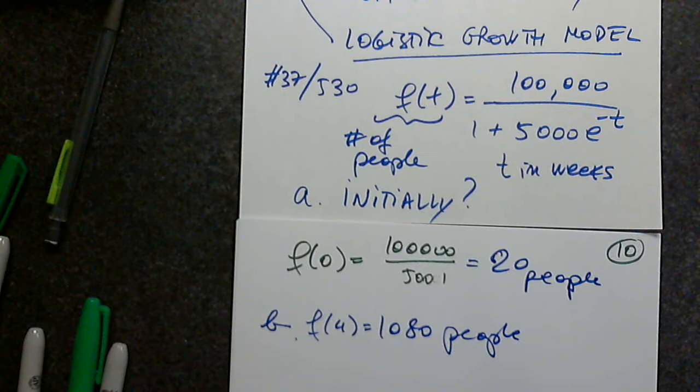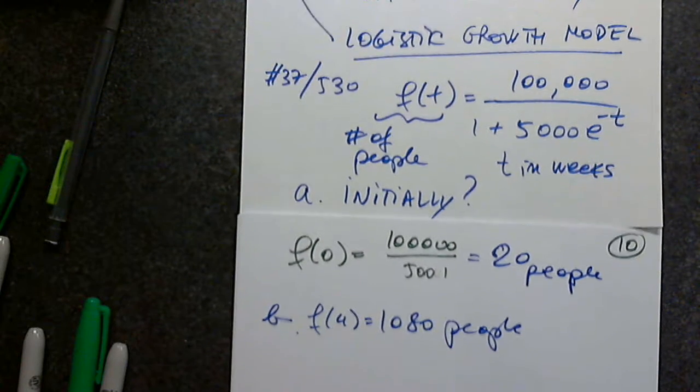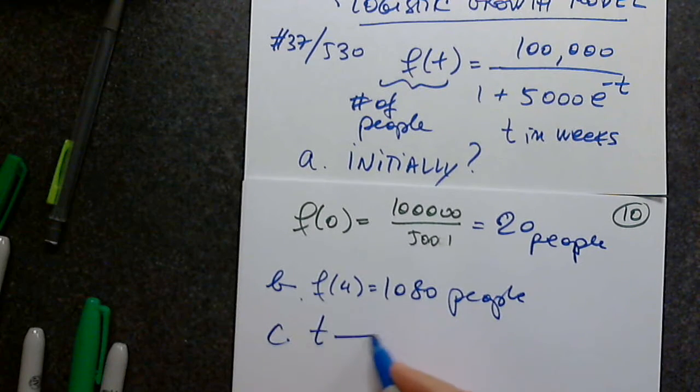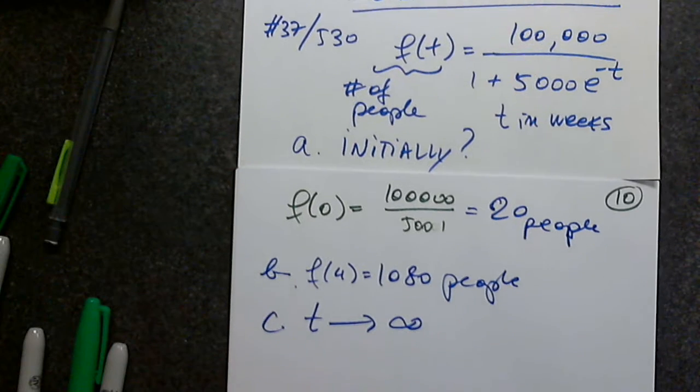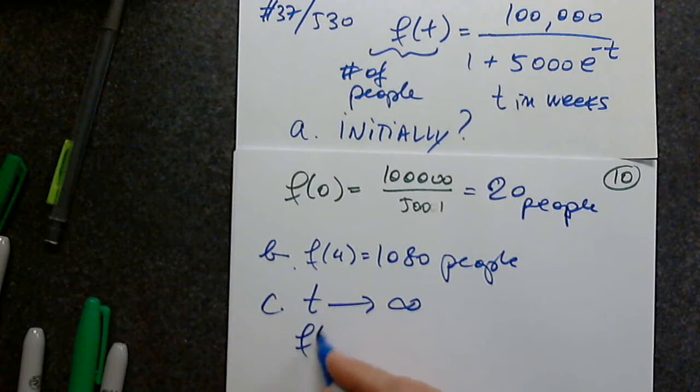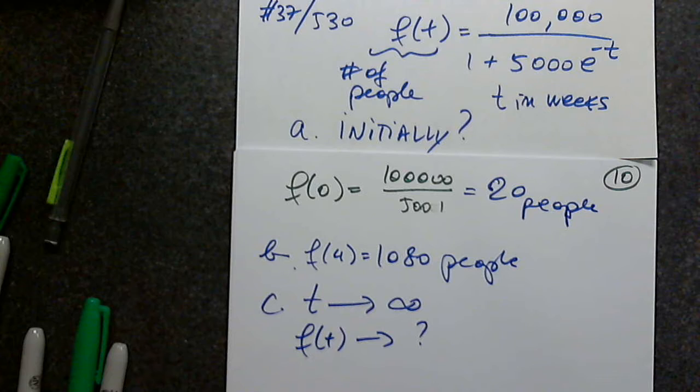Part C, what is the limiting size of the population that becomes ill? In other words, as time goes to infinity, f of t will approach what? Exactly, that's true. So let's take a look. Let's say we don't see that.